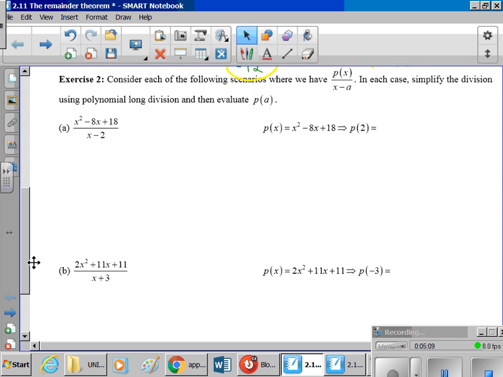All right, so let's take a look at a couple more examples. Exercise 2. Consider each of the following scenarios where we have p of x over x minus a. Remember what this means. This is the polynomial right here, and this is the factor x minus a. In this case, we're going to be talking about a being 2 in example a, and a being negative 3 in b, and we can check to see if the remainder theorem works out, which of course we know it does already.